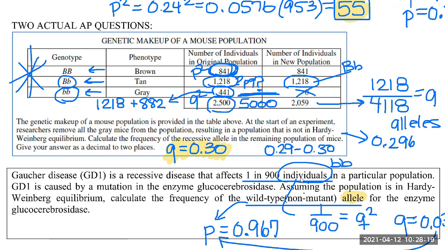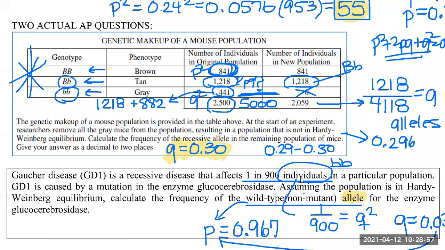But if it's not in equilibrium, you can still get the frequency of any of the alleles by physically counting how many copies of little b or big B are there in the population. But remember that P squared plus 2PQ plus Q squared is not going to equal 1. So you cannot use this formula to solve, because it isn't going to work. That's the whole idea: the population has to be in Hardy-Weinberg equilibrium in order for that formula to work.